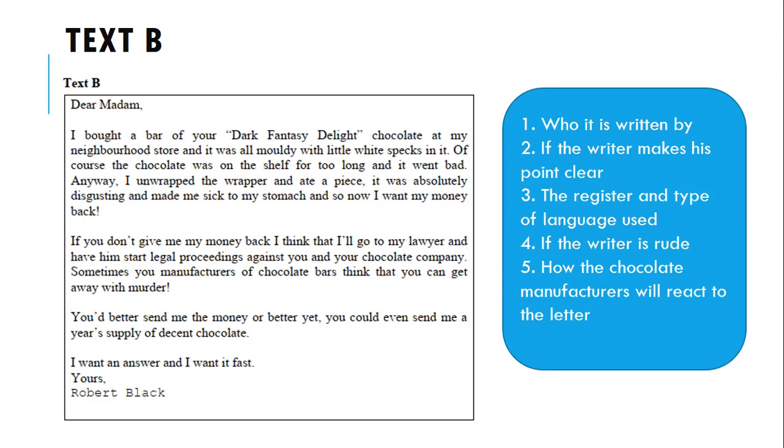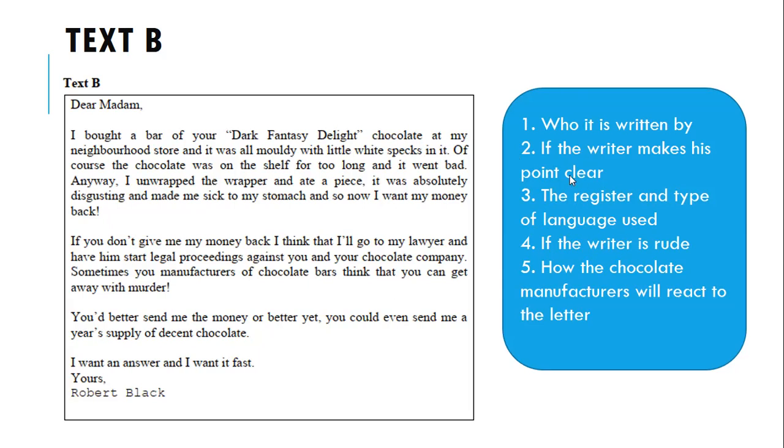You manufacturers of chocolate bars think that you can get away with murder. Wow, that's too scary, too vulgar, too rude. You'd better send me the money, or better yet, you could even send me a year's supply of decent chocolate. Wow, as the return.